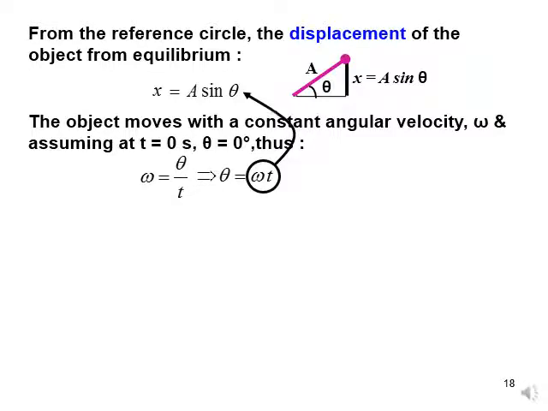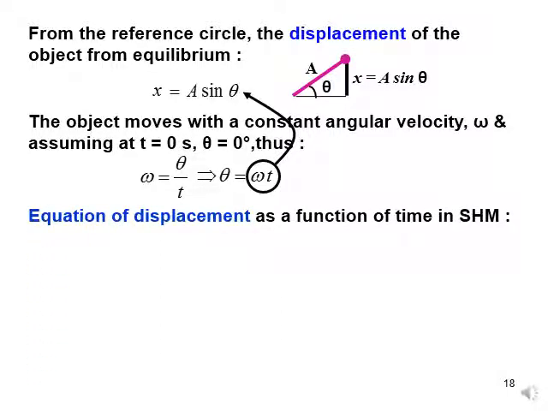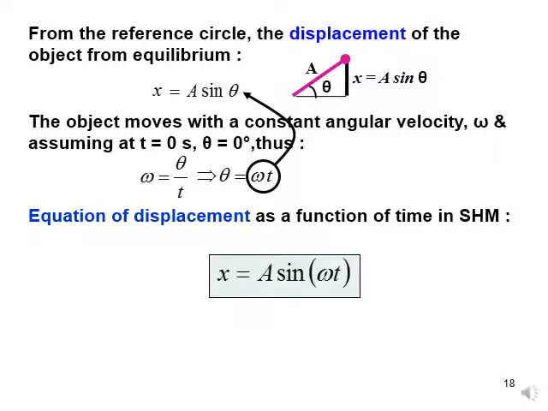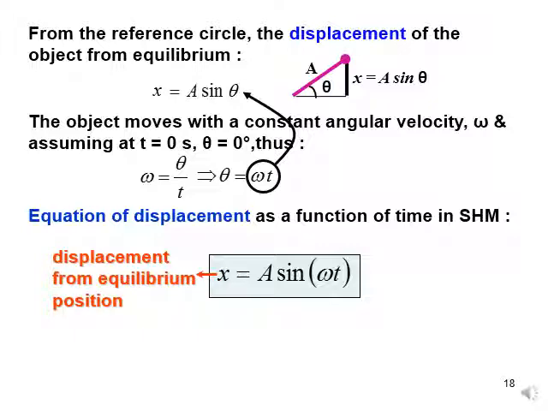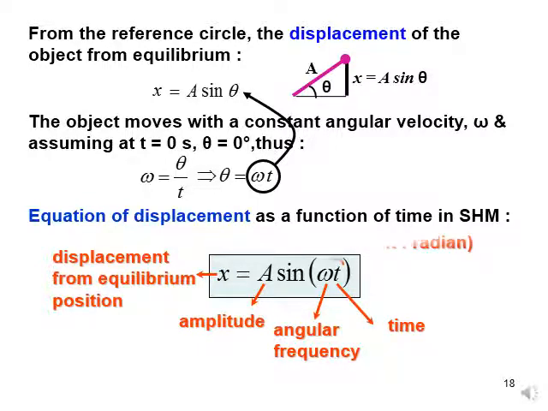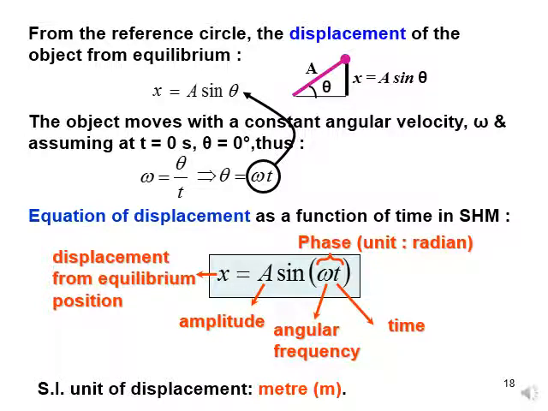Then, the equation of displacement as a function of time in SHM is x equal to A sin omega t, where x is the displacement from equilibrium position, A is amplitude, omega is angular frequency, t is time, and omega t represents the phase. This phase is measured in radians. The SI unit of displacement is meter.